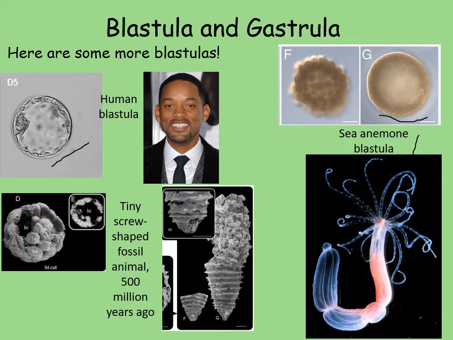And like I mentioned at the start of this lecture, in the fossil record we have these microfossils of blastulas going back for hundreds of millions of years. So here's this weird screw-shaped fossil animal dating from about 500 million years ago. Difficult to know exactly where it fits into the animal phylogenies. And then this is its blastula stage that we have microfossils of from back then.